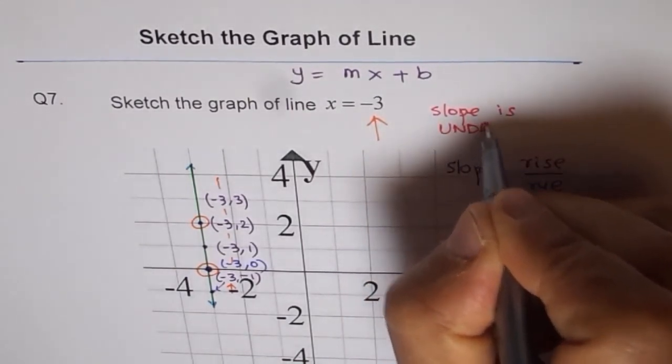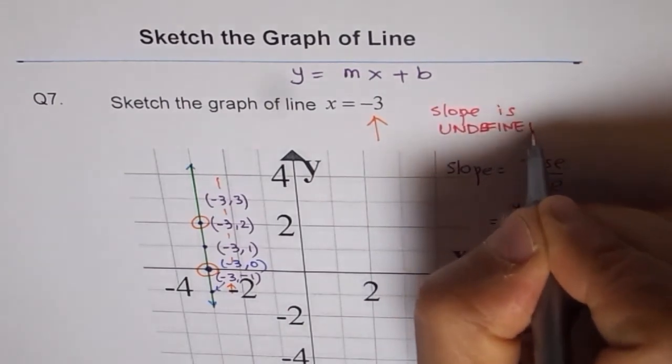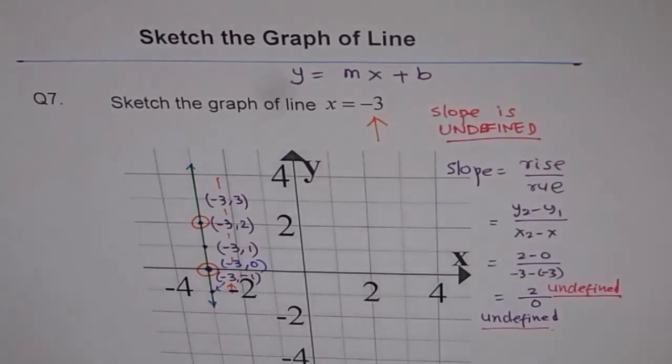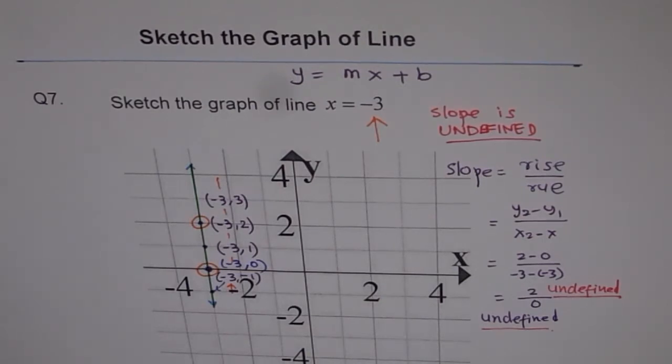Since slope is undefined, we cannot use slope-intercept form. Do you understand? That is why it is written like x equals minus 3 and not in slope-intercept form. Okay? So that is the reason.